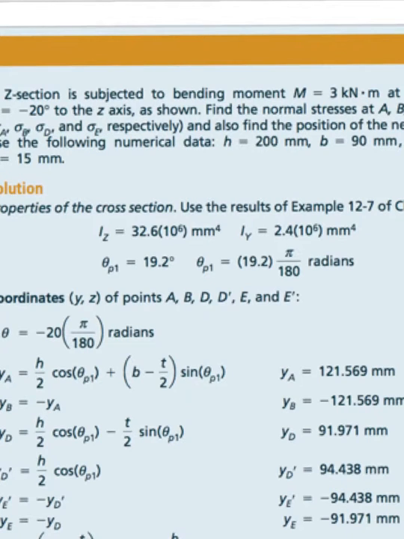Find the normal stresses at points A, B, D, and E, and the corresponding A prime, B prime, D prime, and E prime respectively, and also find the position of the neutral axis. Use the following numerical data. H equals 200, that is the height, and B equals 90 millimeters, the thickness equals 15 millimeters.